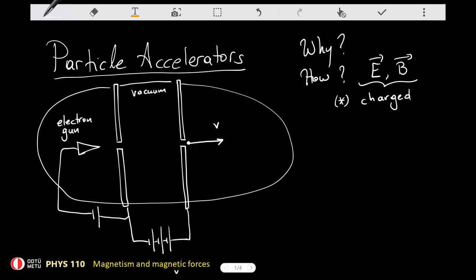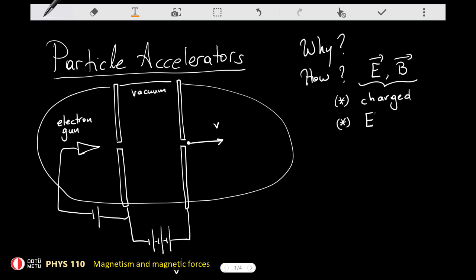Sometimes for atoms, of course, atoms are composed of charges, so it is possible to apply some forces on atoms, but these are usually weaker compared to the forces that can be applied to charged particles, right? So that's one requirement. The particles should be charged. So the electrons, protons, or ions, these are the ones that we accelerate.